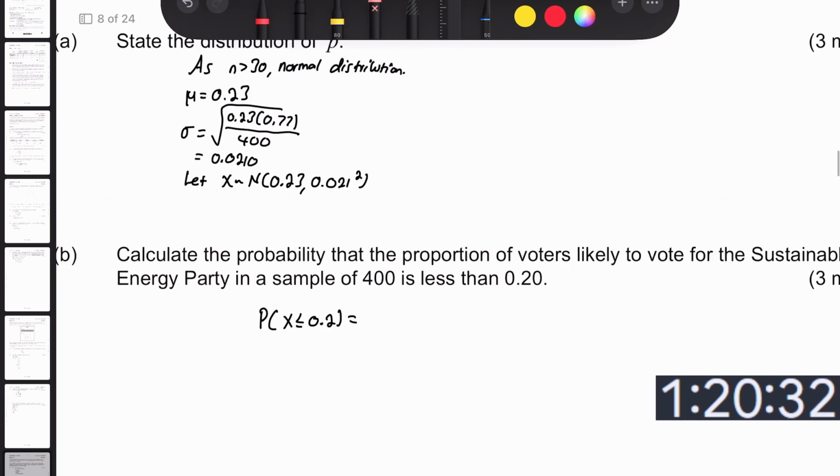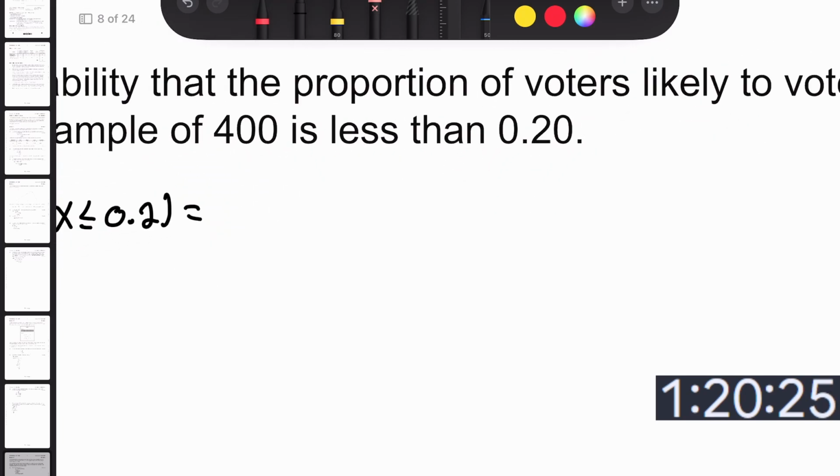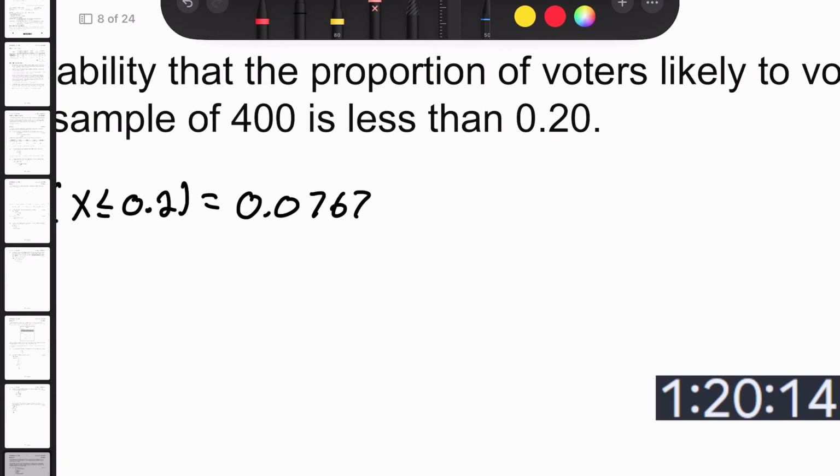I'm going to say less than 0.2, so negative infinity to 0.2, then 0.23 and 0.021. Oh, no, 0.021 first and then 0.23. So 0.0766.